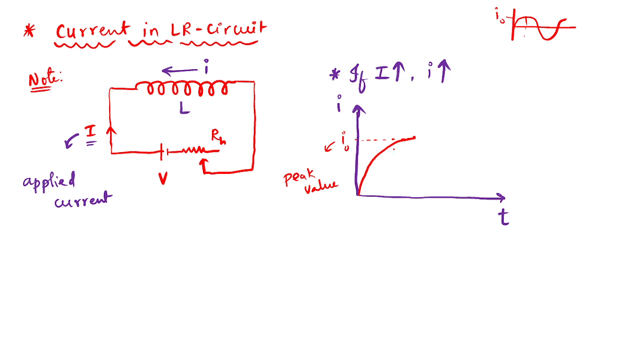Now in a similar way, how much will it increase? At any instant, if you wanted to find the current, for example here, how much increment can you see? It will increase to 0.63 times the peak value, I naught. Clear?